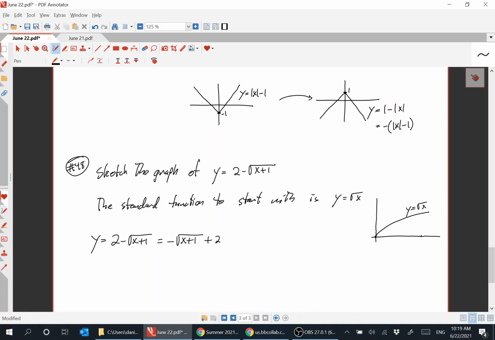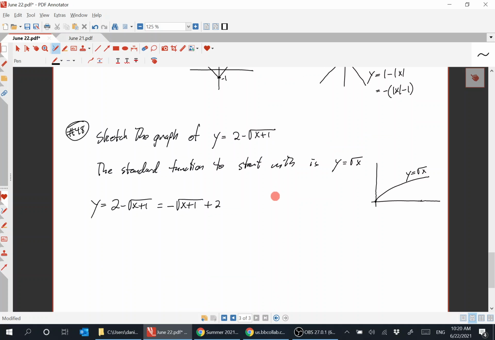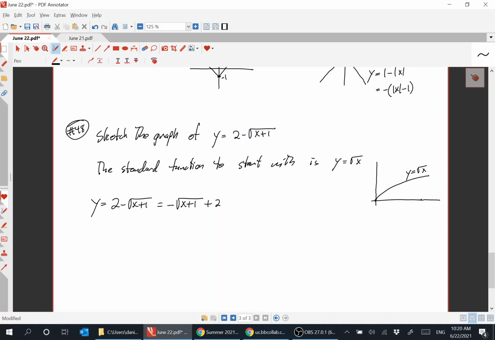So I'm going to start with y equals square root x. With y equals square root x, I will reflect around the x-axis. That'll be step 1.